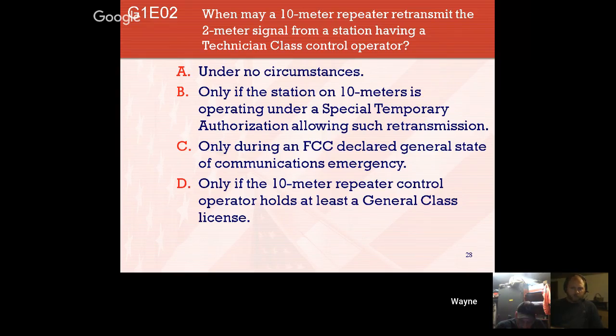We're talking about a 10-meter repeater here. So you need to have the 10-meter repeater control operator hold at least a general class license, because a tech class doesn't have that privilege on 10 meters, although they do have the privileges on 2 meters. In order for the 2-meter signal to be rebroadcast, you have to have at least a general class license for 10-meter repeater control.